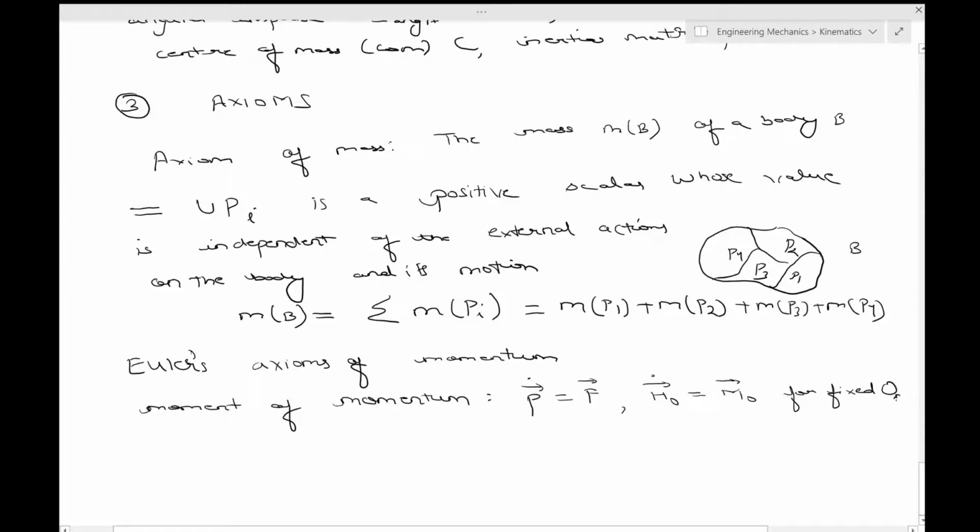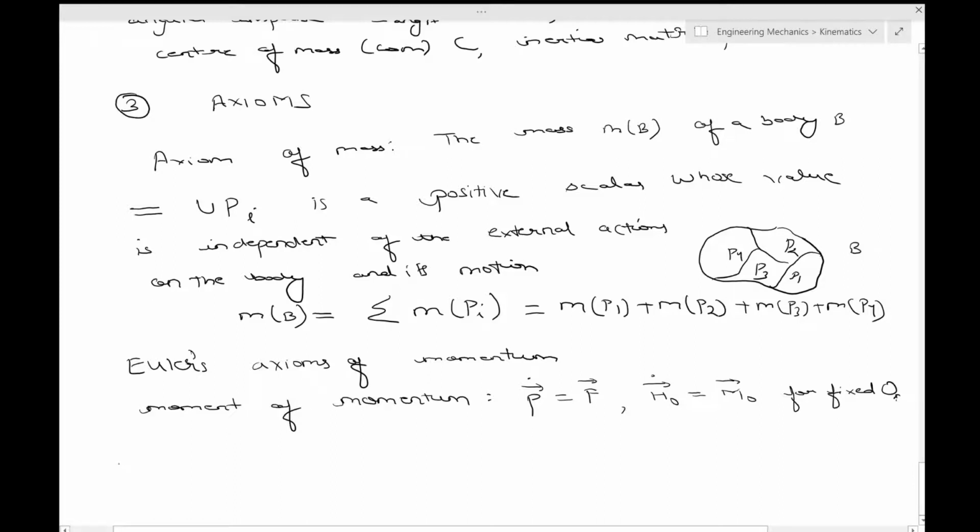So there are lots of axioms in mechanics itself, but we will not be dealing with the axioms of stress or Stokes' law and things like that. We'll be just dealing with the momentum and the moment of momentum. So that's what we'll be dealing with in this course. You must know that there are many other axioms.